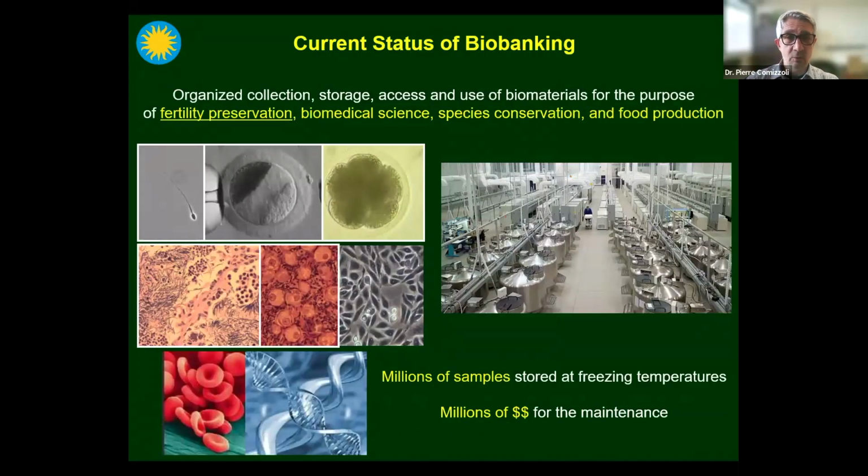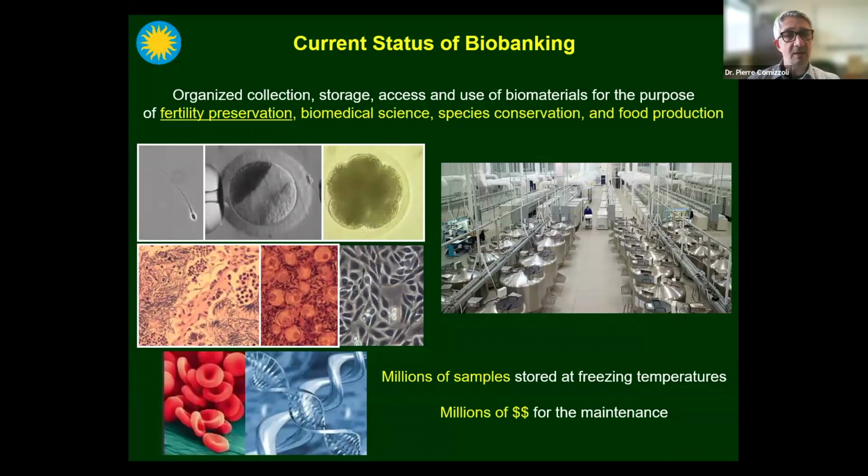So right now, when we talk about biobanking or cryobanking or genome resource banking, we're talking about the organized collection, storage, access, and use of those biomaterials, of course, in your case, for fertility preservation, but also for use in biomedical science.